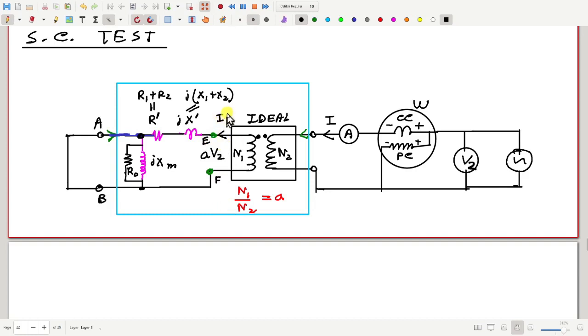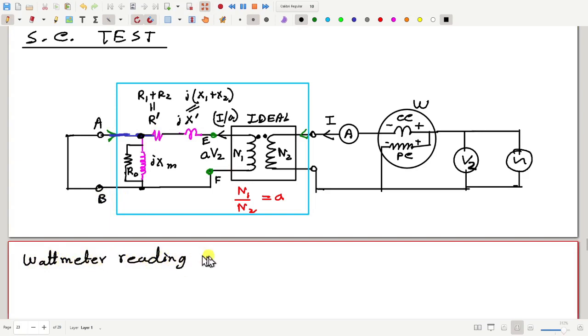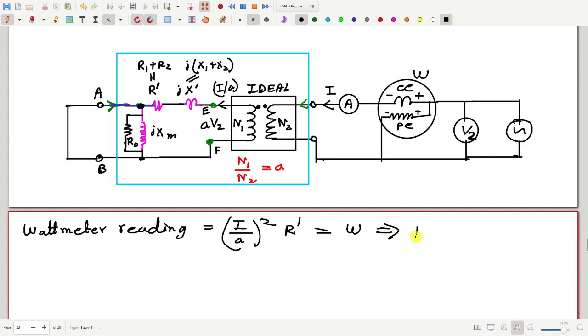It will be I by A. So now, how much is the power consumed or wattmeter reading? That will be (I by A) whole square, I square into R prime, that is equal to the wattmeter reading. And the value of I is obtained from the ammeter. So from this we can get R prime is W divided by (I by A) whole square.